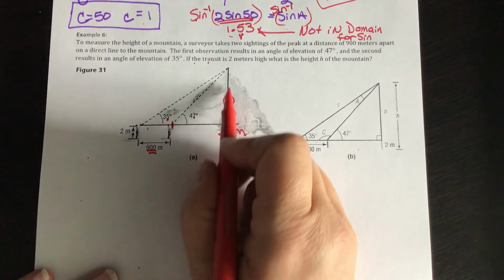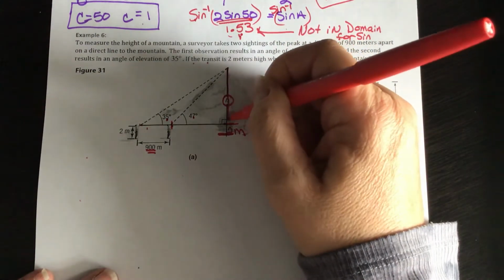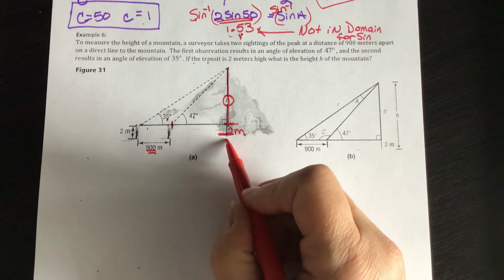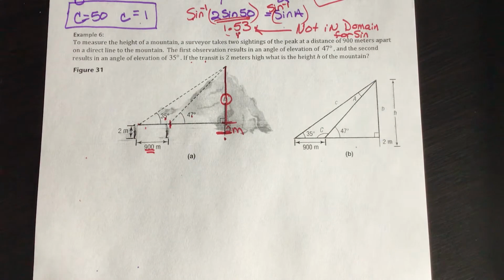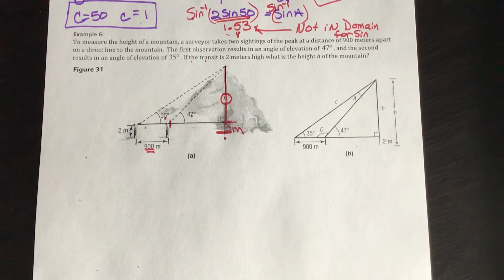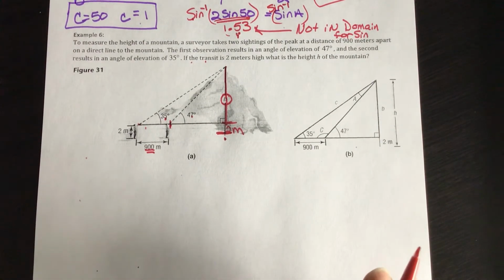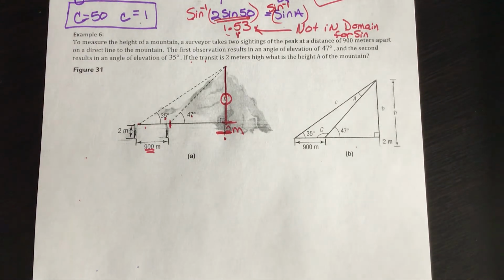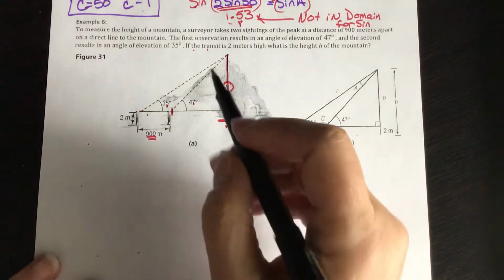So whatever I get for this height, I have to add the 2 meters to it. Sometimes when I see problems like this that involve 2 triangles, I like to separate the triangles so I get a better look at what's going on.